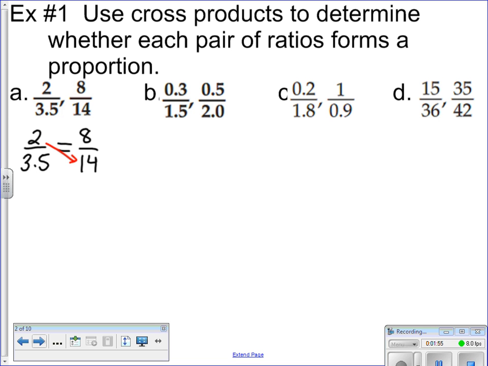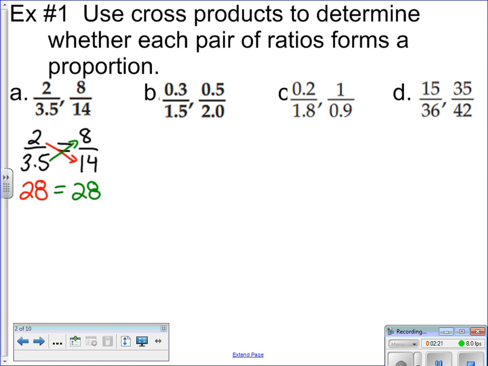So first we multiply 2 times 14 and get 28. Next we multiply 3.5 times 8. And that equals 28.